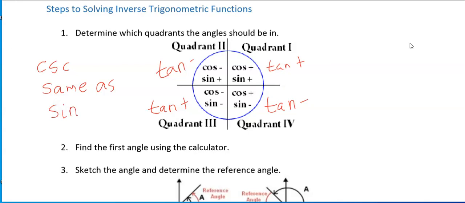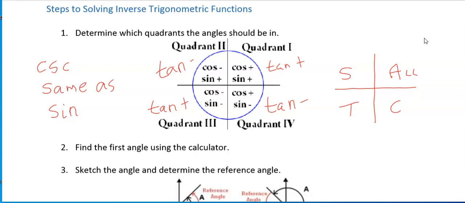Now, by the way, all of those positives and negatives, we were kind of tying that up into a rule which we were calling the CAST rule, C-A-S-T. Now, of course, what do these letters stand for? The A stands for all, meaning all the ratios are positive in quadrant number 1.